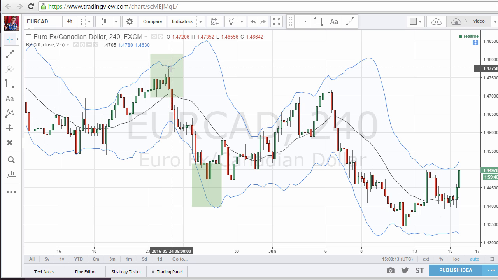Then they exit their position, and then of course price goes in their favor, but they are not in this trade anymore. Then they see the trend is going down and they think that it has to go up again. So again they will buy here, here, and here, and then price goes against them until they're in a very big loss.